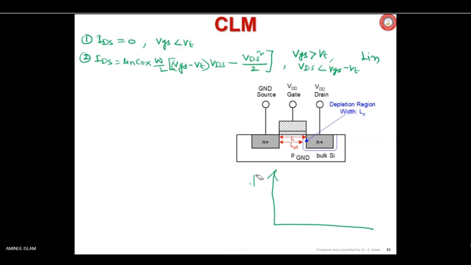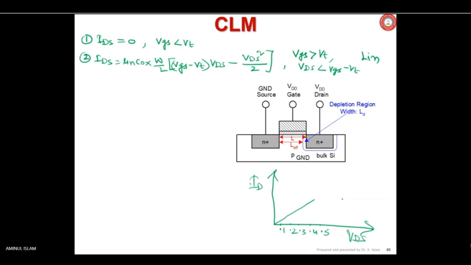We plot it like this. This is your ID, sometimes I write only ID, and this is your VDS. If VDS is 0.1 volt, 0.2 volt, 0.3 volt, 0.4 volt, in this way it is increasing. Suppose your VDS is small, the ID will increase linearly with the VDS.